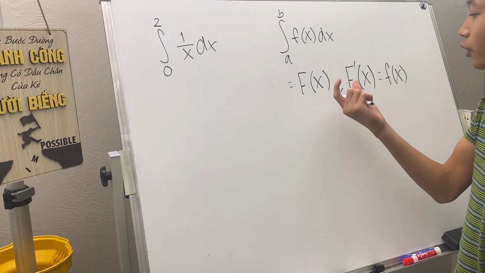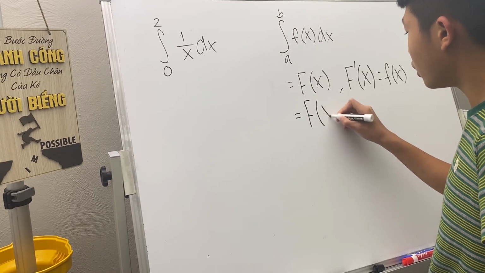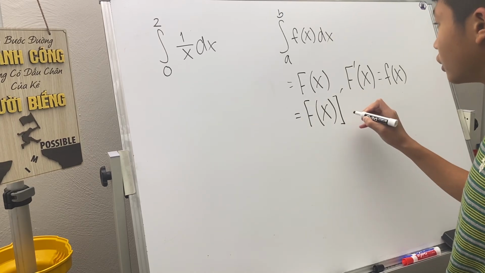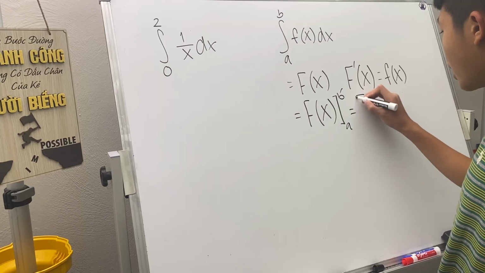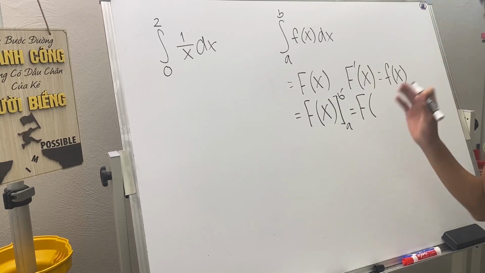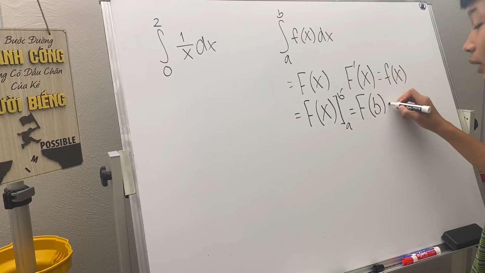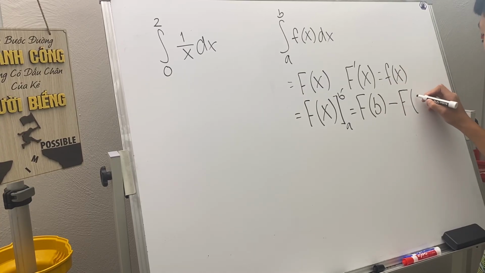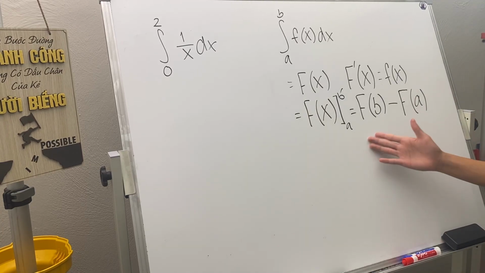Now, when you get an antiderivative, you gotta plug in the upper limit and the lower limit. This is equal to F of the upper limit first, which is b, subtracted by F of the lower limit, a. So this is how you solve an integral.